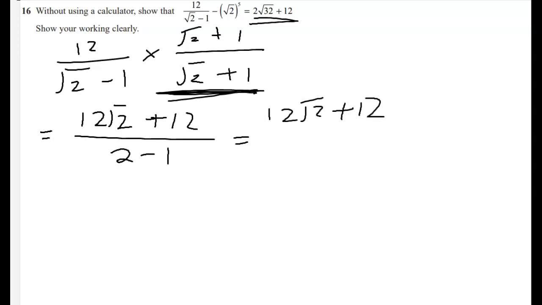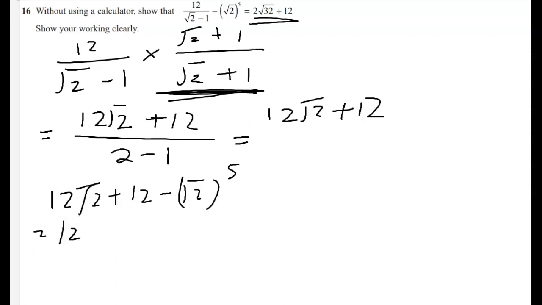Now let's take a look at the second part of this question, which is 12 root 2 plus 12 minus root 2 to the power of 5. Then think about what it would become.